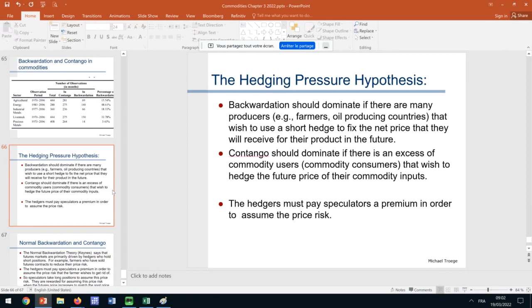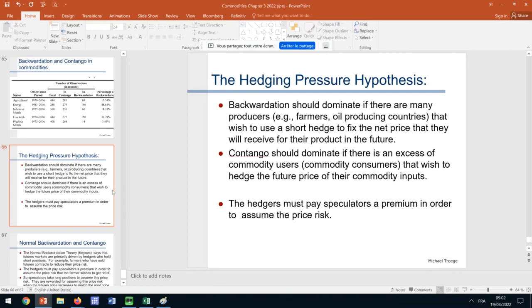That gets you to a situation where the futures price is lower than the expected price in the future. And if you think that on average prices don't move, that gets you to a situation where the market is in backwardation. So if the hedging pressure comes from the sellers, and the sellers are very risk averse, the sellers will be willing to accept a lower price that they are sure about compared to a higher price that is uncertain.